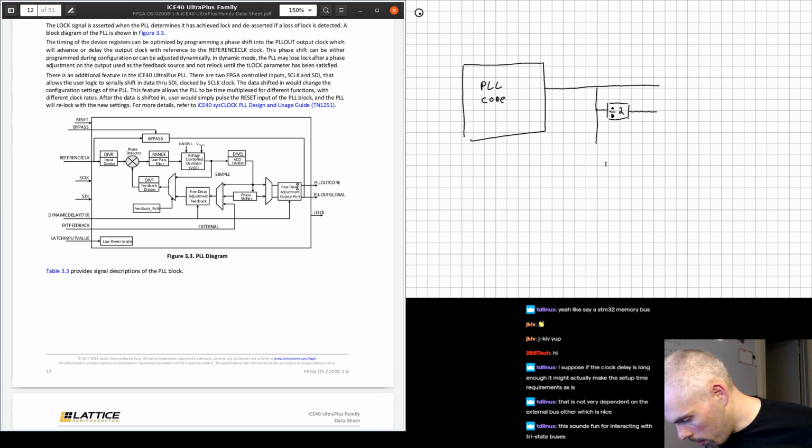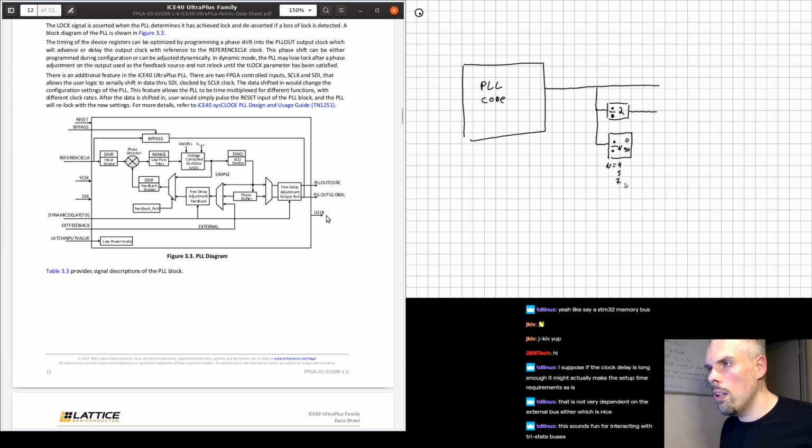And then it can go through another block, which is a divide by n, 0, 90, and n can be 4, 5, or 7. And in addition to dividing the frequency by 4, 5, or 7, it also outputs 2 versions of the clock, a 0-degree phase and a 90-degree phase.